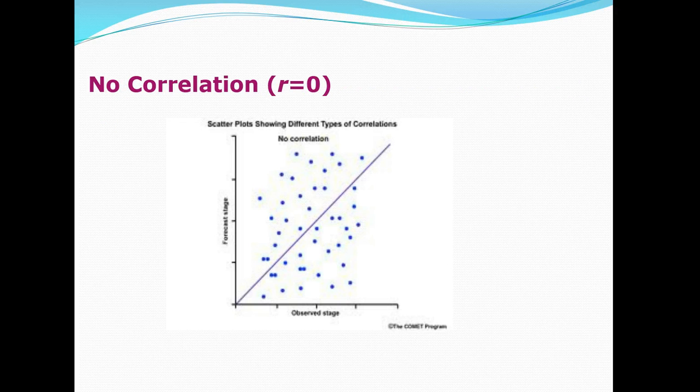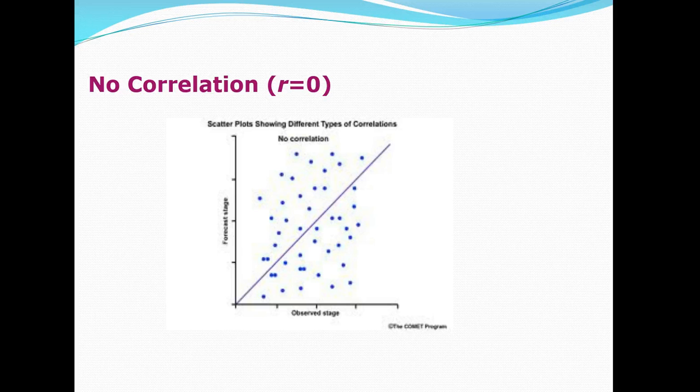So when we plug in values then, it is important that we look at the scatter plot first before we start looking at the correlation coefficient values. Why? Well, because by just looking at the scatter plot, it gives you a sense already whether there is a positive correlation or whether there is a negative correlation or whether there's no correlation at all.